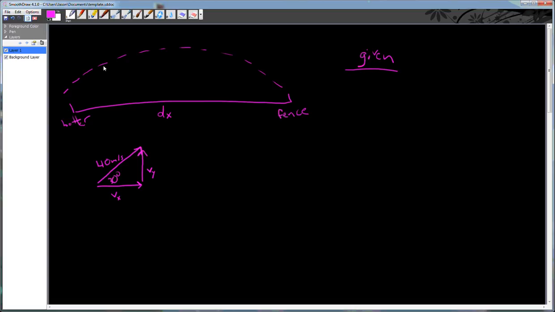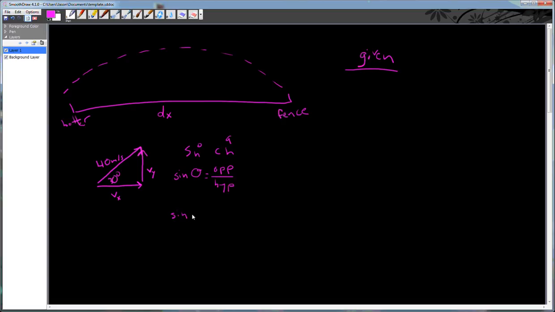Alright, so let's find that. SOHCAHTOA, right? Sine of 30 degrees. Let me back up. Sine of theta is equal to the length of the opposite over the length of the hypotenuse.